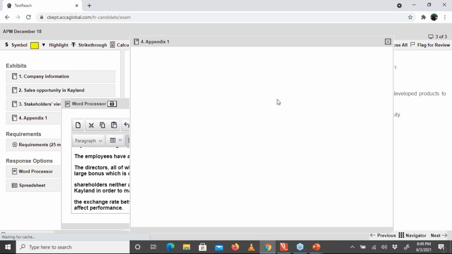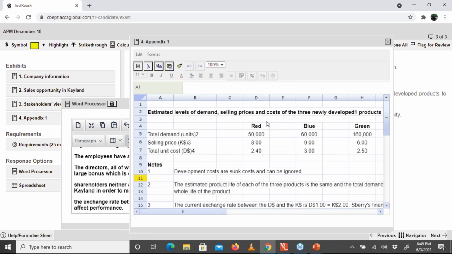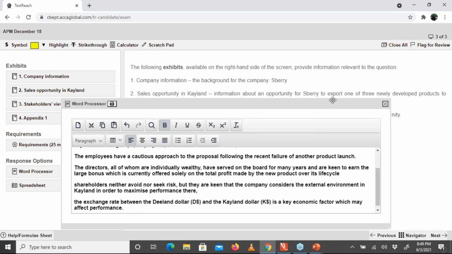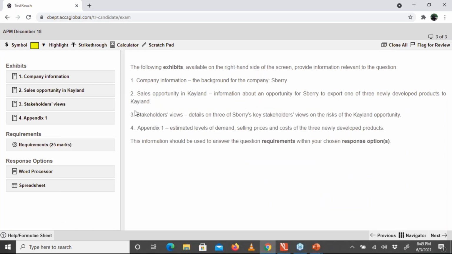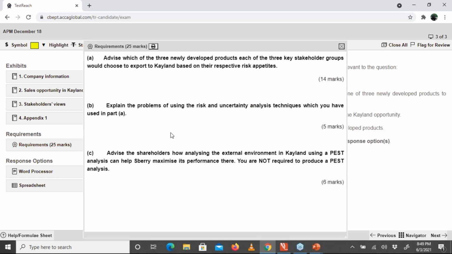Now, what next is there? There is this appendix 1 where information is given about all of this. Before I go on discussing all of this, let's have some discussion. There's also a requirement to explain the problems of using risk and uncertainty analysis techniques, which you have used in part A. Third is advise shareholders how analyzing the external environment in K-Land using PEST can help Asbury maximize its performance there.